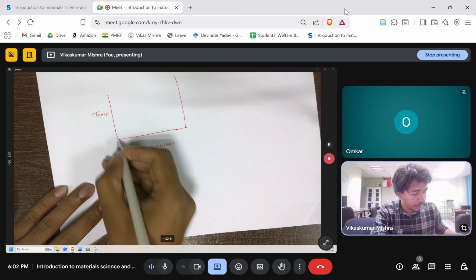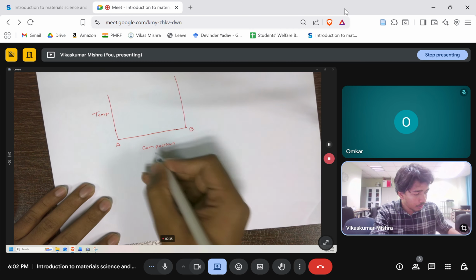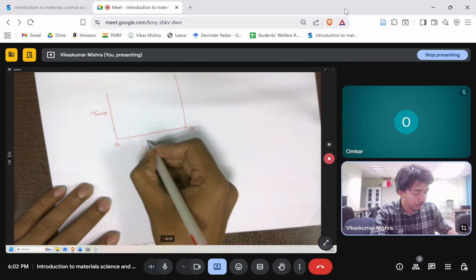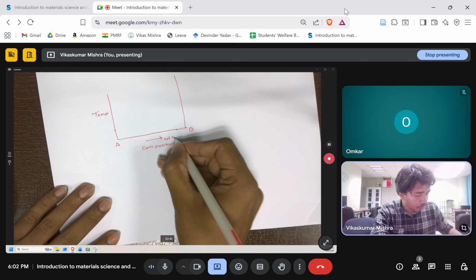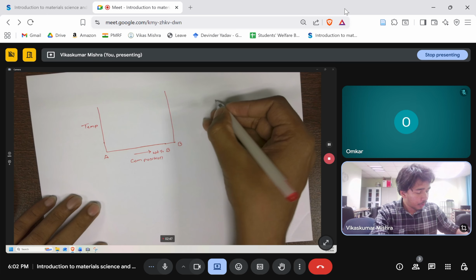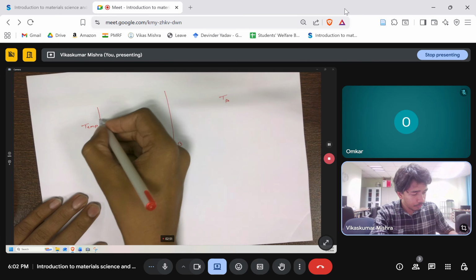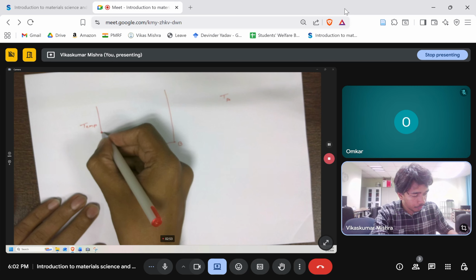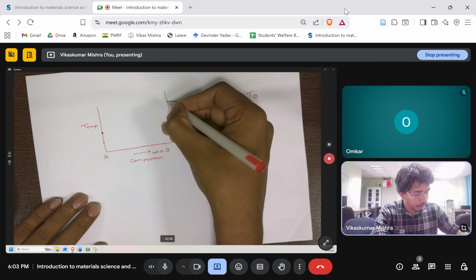We have two components, let's say A and B. So if we are moving along the x-axis, we are varying the weight percent of B. Depending upon that, our phase will evolve. Let's say TA is the melting point of A, somewhere over here, and TB will be the melting point of B. We can mark somewhere over here.